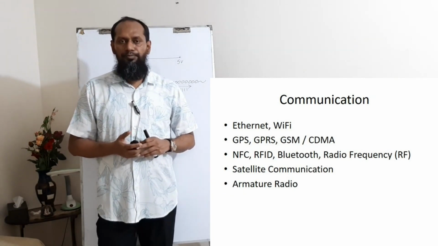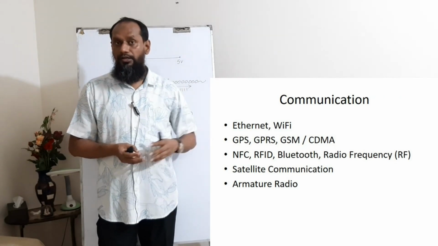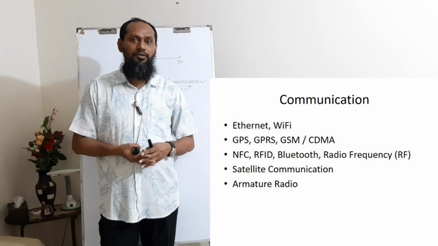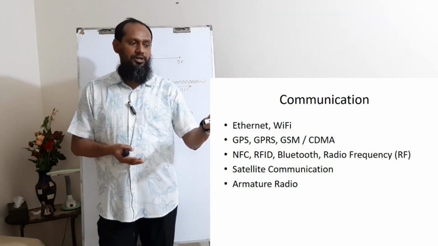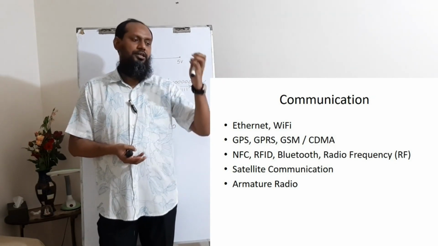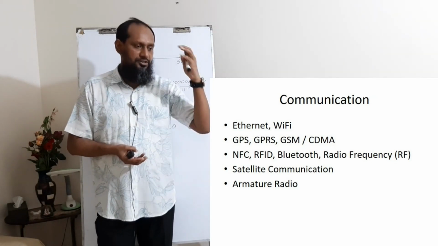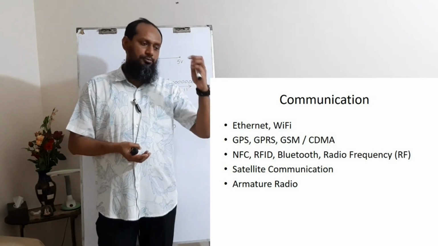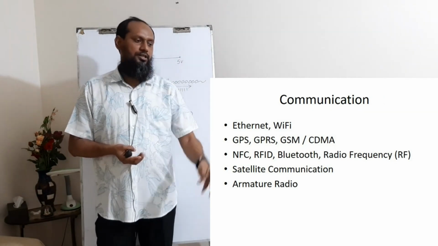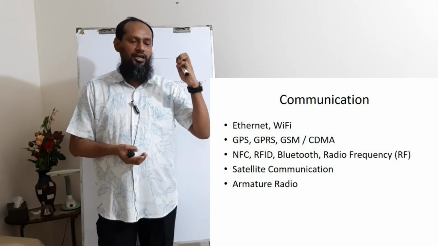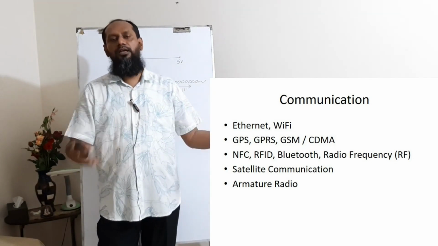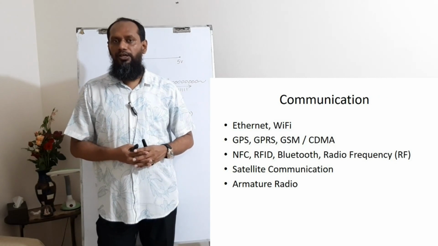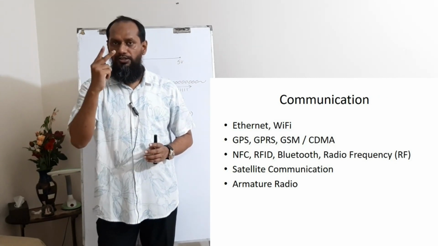Communication, as you have seen in the figure, plays a very important role. We can have Ethernet communication, Wi-Fi, GPS, GPRS, GSM, CDMA, NFC, RFID, Bluetooth, radio frequency, satellite communication, amateur radio, and so on. A number of communication protocols are there. For communication, two things are important.